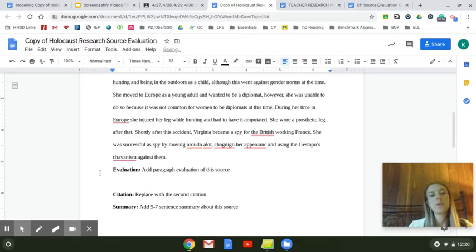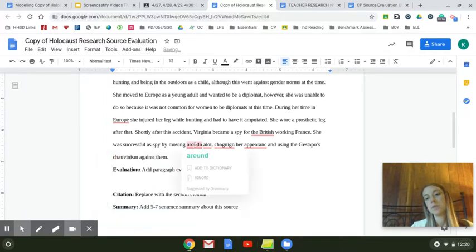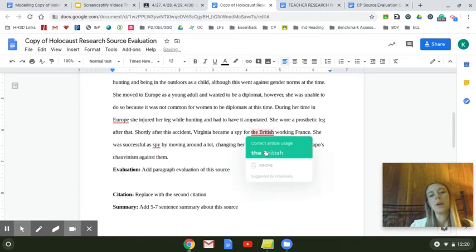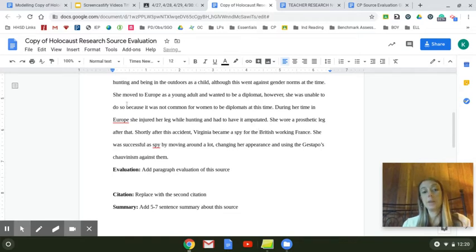And chauvinism is when you believe that a woman can't do something as well as a man. So a lot of the Gestapo would assume that things that were happening weren't being done by a woman, because how could a woman do that? And I'm being sarcastic. And therefore, she would get away with things better than the Gestapo gave her credit for.